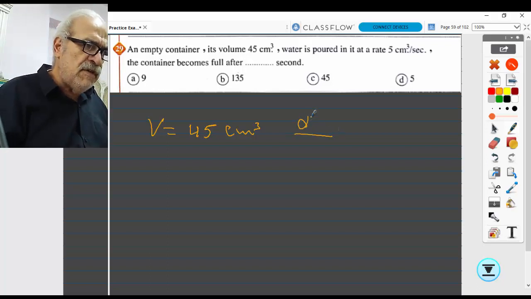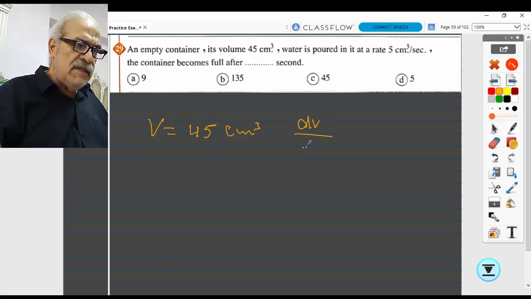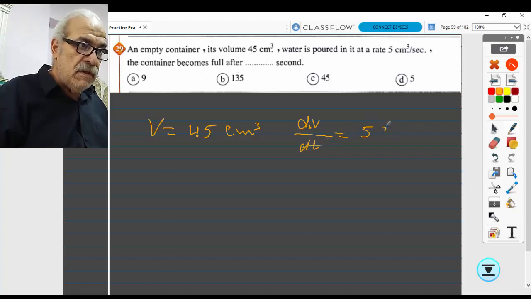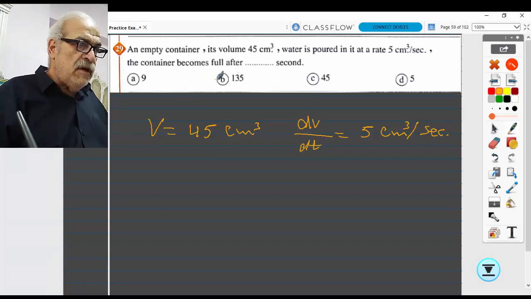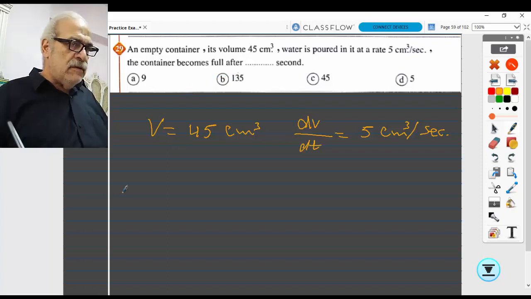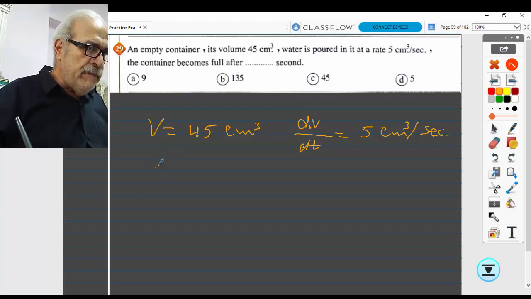So dV over dt equals 5 cubic centimeter per second. The container becomes full after. So the needed time T equals 45 over 5, which equals 9 seconds, of course.